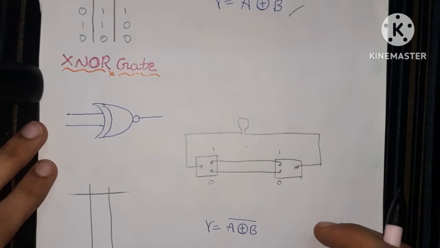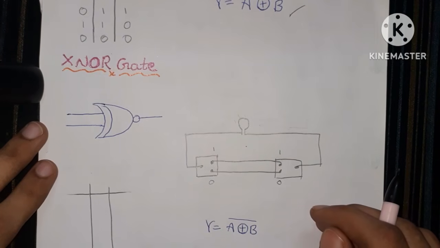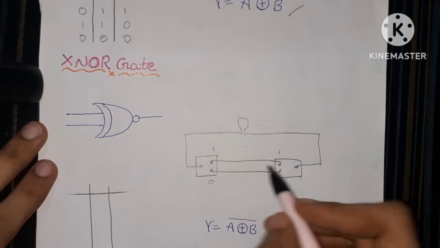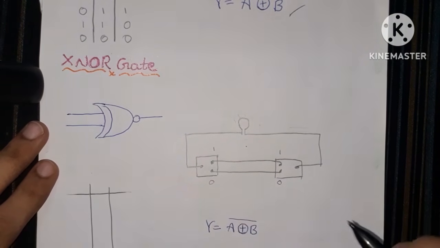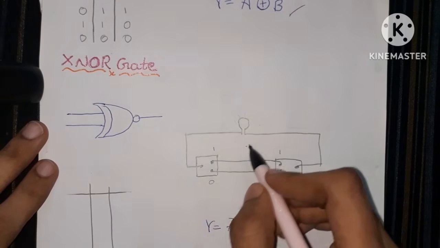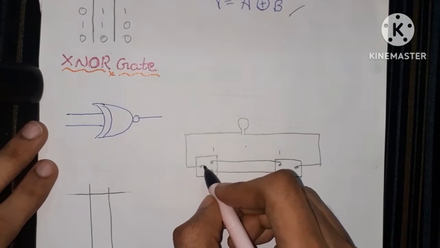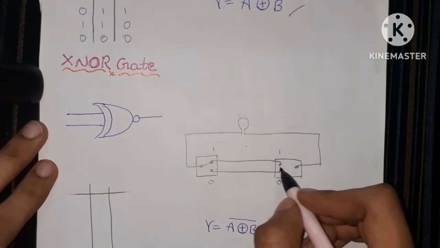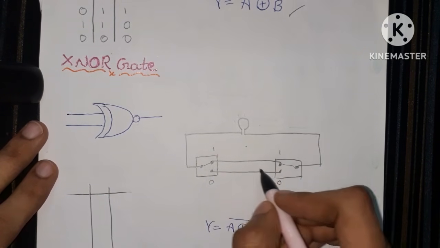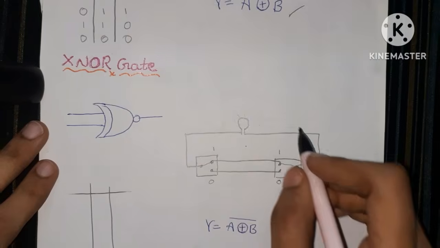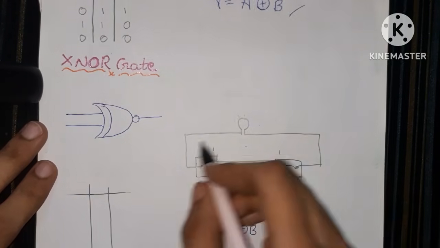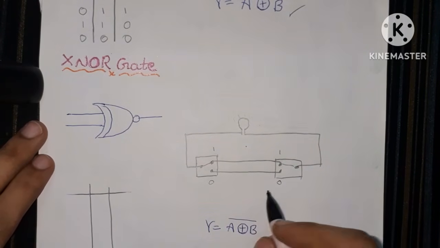Now you only tell me. Definitely, if we want the bulb to glow, you have to connect this one and this one to the wires so that the circuit gets closed and the current will pass through that.